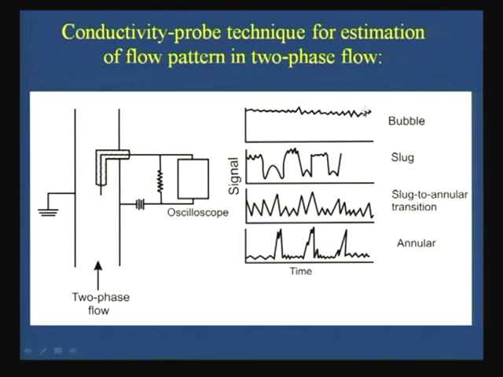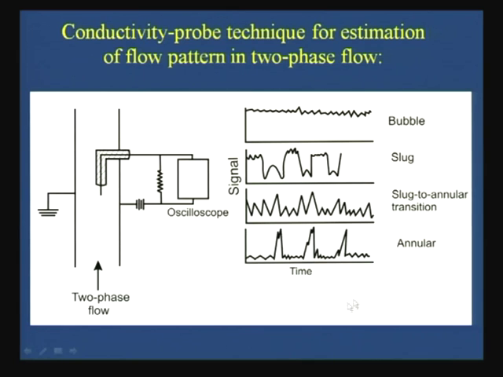Usually this is for dispersed bubbly flow, but for actual bubbly flow you will just get the mirror image of annular flow, and the slug flow pattern is almost as if it is alternating between the bubbly flow pattern and the annular flow pattern. Sometimes it resembles bubbly flow, sometimes annular flow, again bubbly, again annular, in that way it goes on, and churn flow is a totally erratic situation.